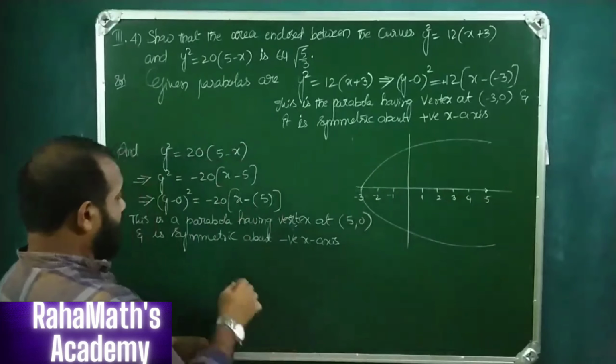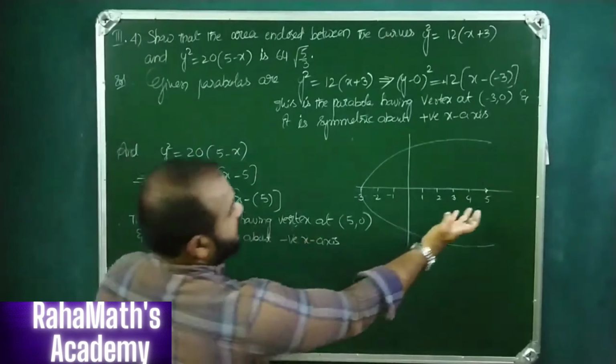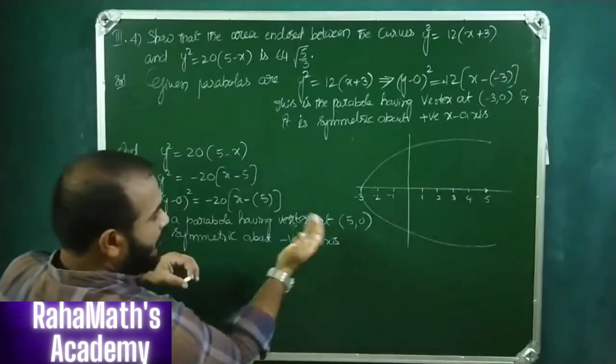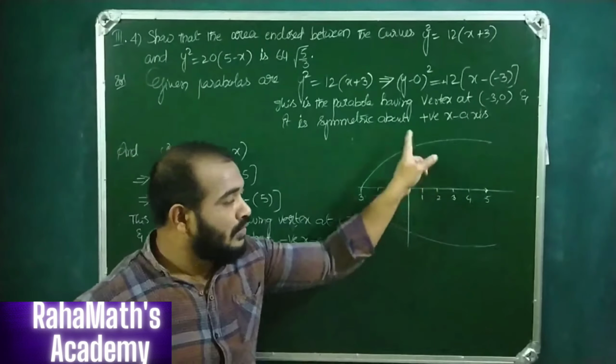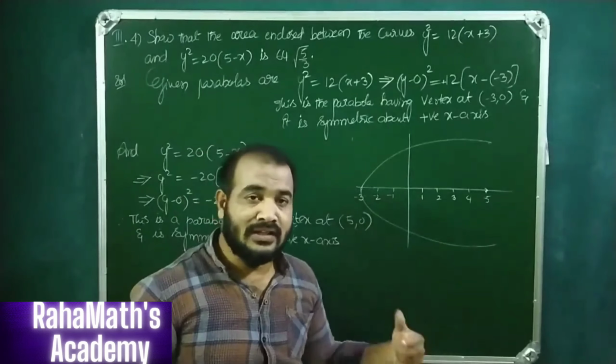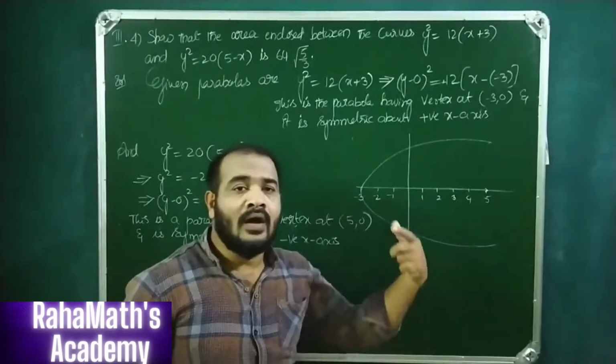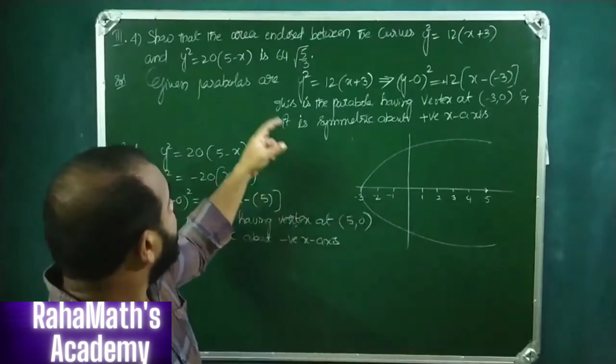But here opened in negative x-axis. So somewhere at one point both these parabolas will be intersecting each other. That point of intersection will be obtained through solving these two.